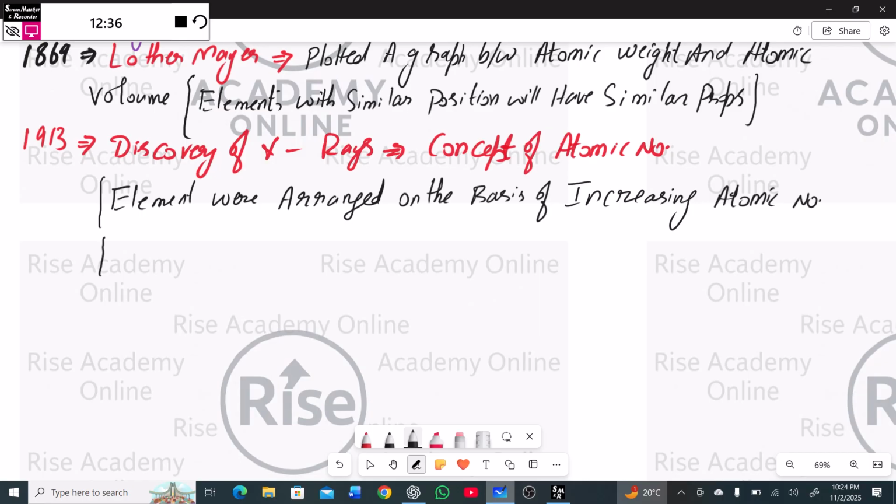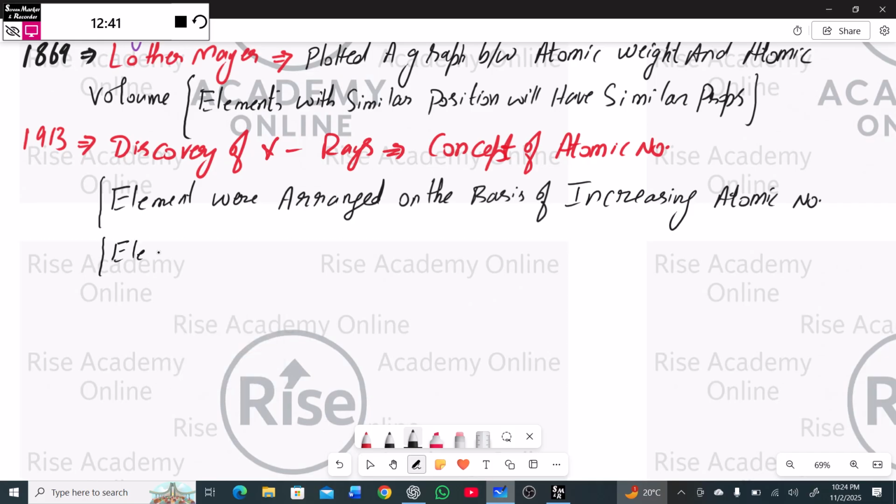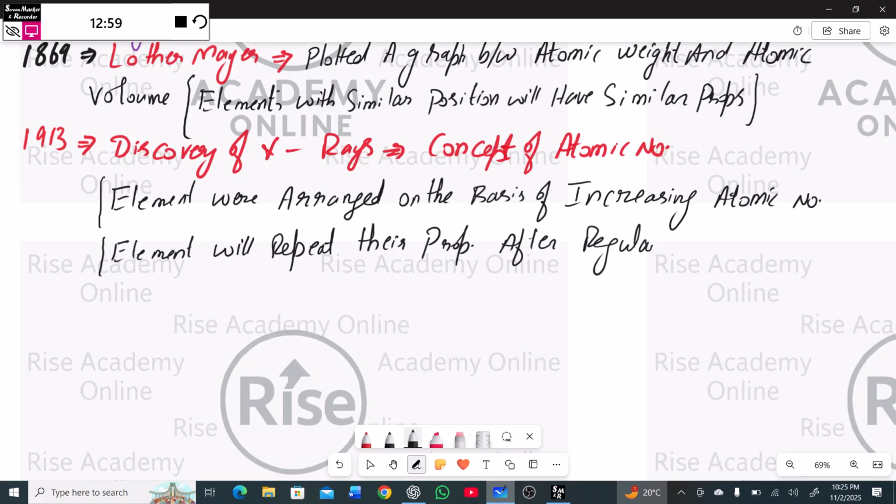Now the suggestion, or periodic law, was that elements will repeat their properties after a regular interval.